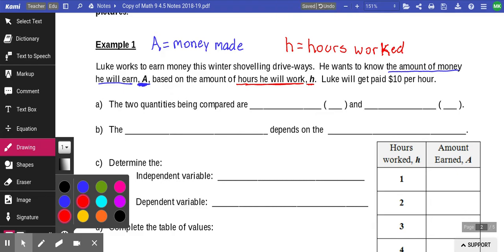I actually write it out physically like that. The two quantities being compared are, we're going to put it into fill in the blanks, money, which is A, and hours worked, which is H. You're not going to have those nice fill in the blanks, right? So it's smart to know how to do it in another way.